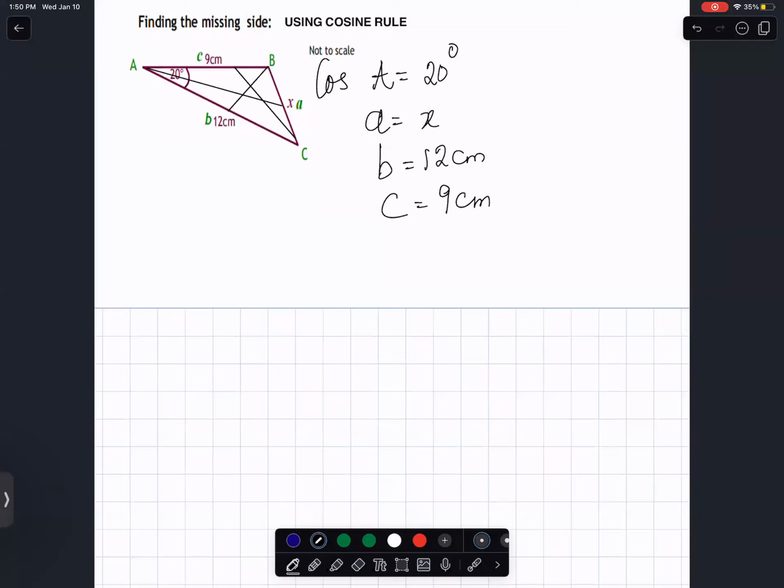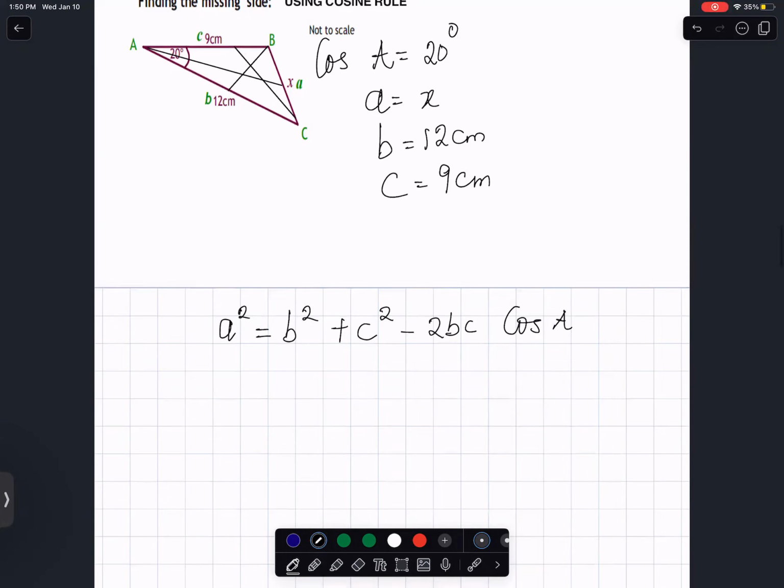So applying our cosine rule that says A squared equals B squared plus C squared minus 2BC cos A, we have A squared, which is x given to us there. So A squared will be what? Our B is 12, so I have 12 squared plus our C is 9, which is 9 squared, minus 2 times 12 times 9, cos our A angle, which is 20 degrees.